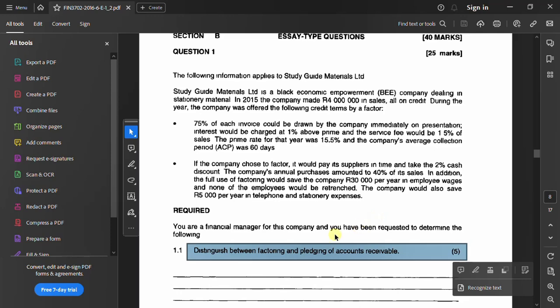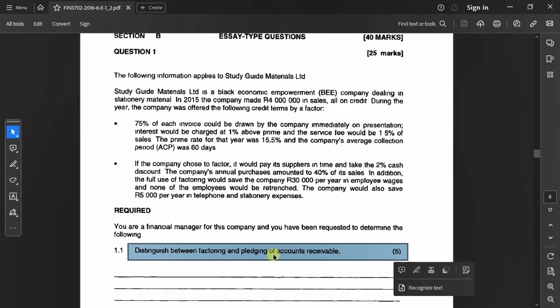Factoring is selling the debtors book. When you offer products or services to customers on credit, there's going to be a debit for the debtors. Your debtors are going to have to pay you at some point in the future.